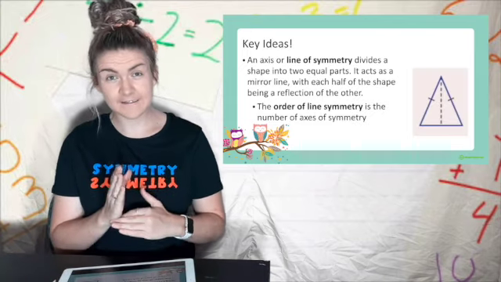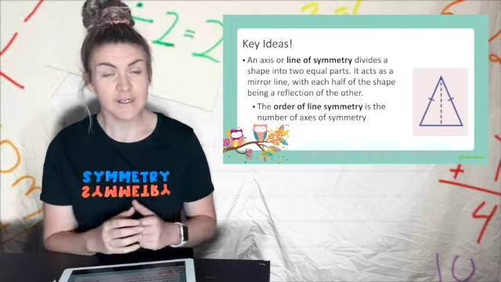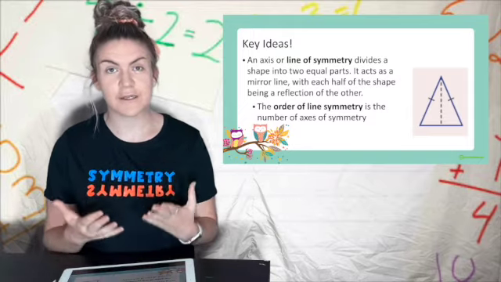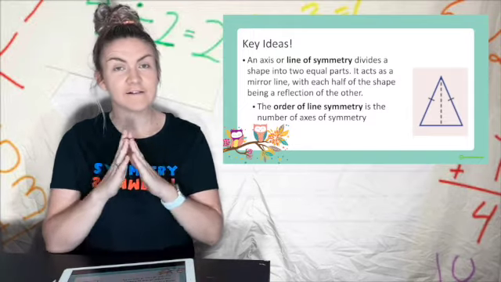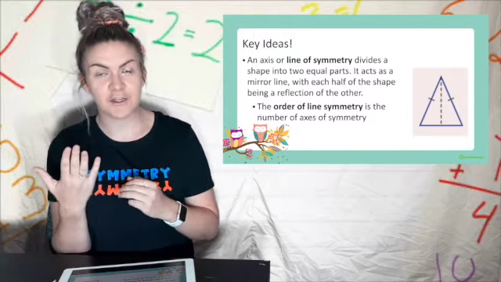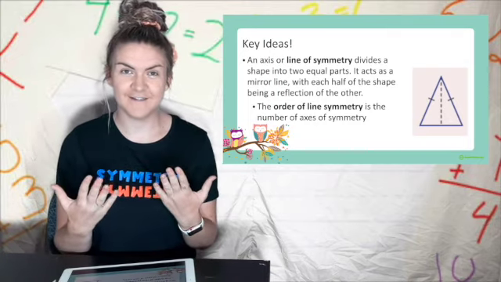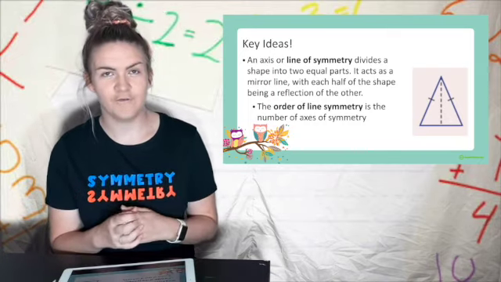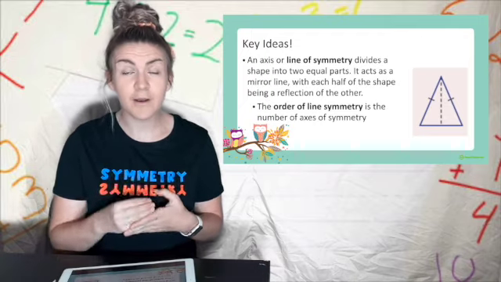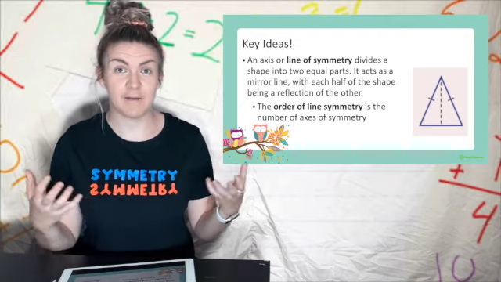So an axis or a line of symmetry divides a shape into two equal parts. It acts as a mirror line with half of the shape being reflected on the other side. The order of the line of symmetry is the number of axes of symmetry that a shape has.